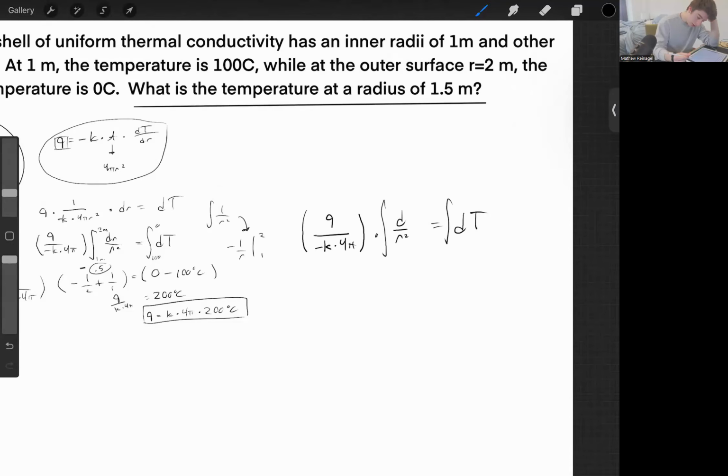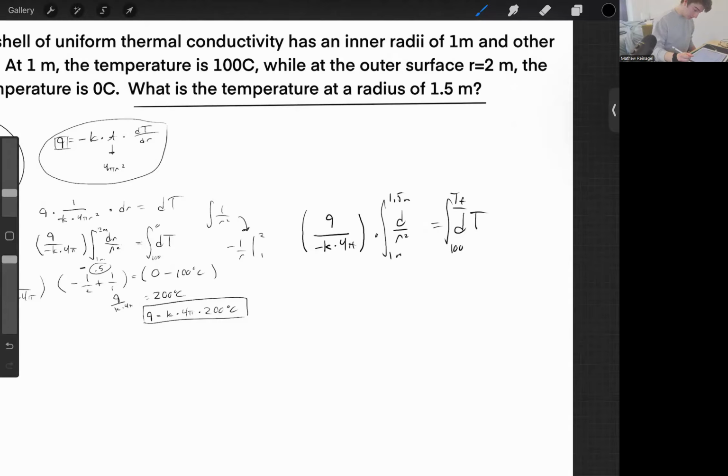So now our conditions are going to look a little different. This radius is not going to go from 1 to 2 meters. It's going to go from 1 to 1.5 meters because that's our new boundary. And for the temperature here, we have the initial temperature of 100, though we don't know the final temperature, so we're going to leave this as an unknown variable.